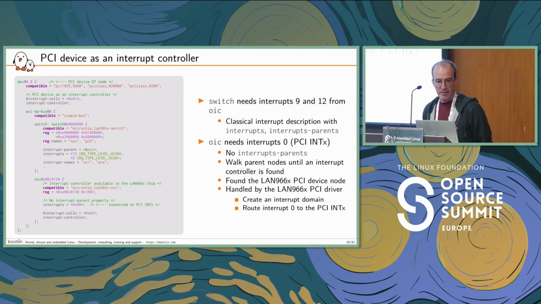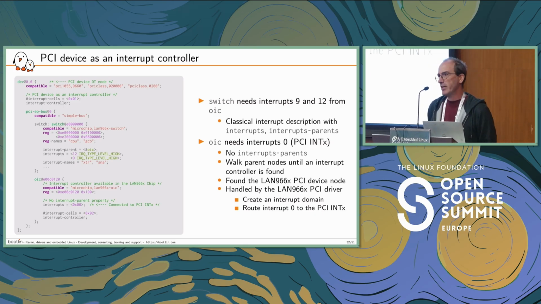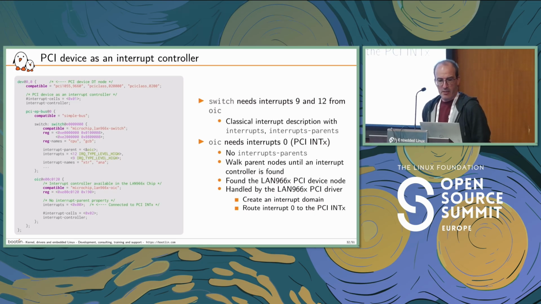Nothing strange in that. But the OEC, for instance, is an interrupt controller available on the chip itself, and it is connected to the PCI INTx. So it uses interrupt number 0, right? But there is no interrupt parent definition in the OEC node.